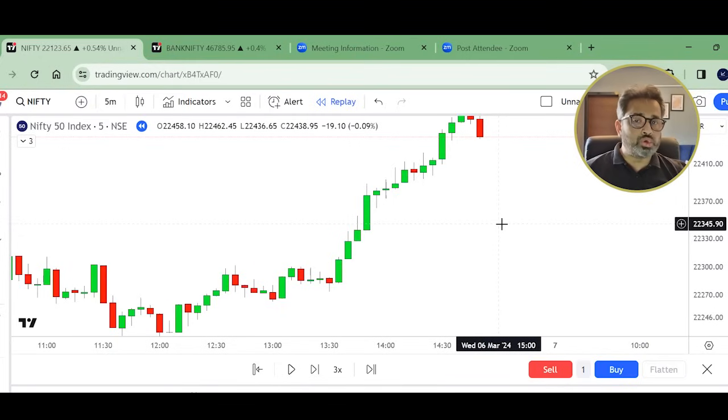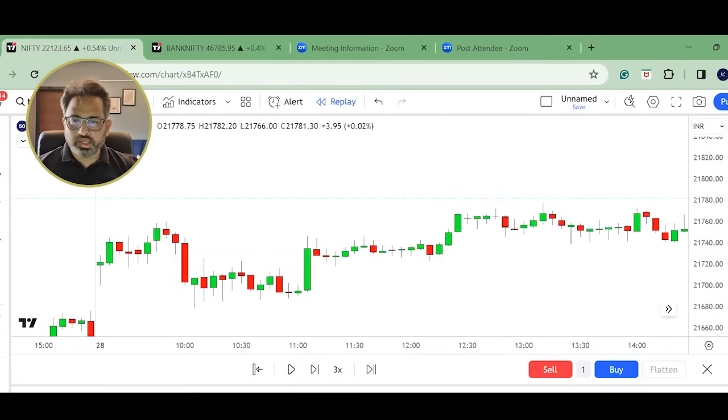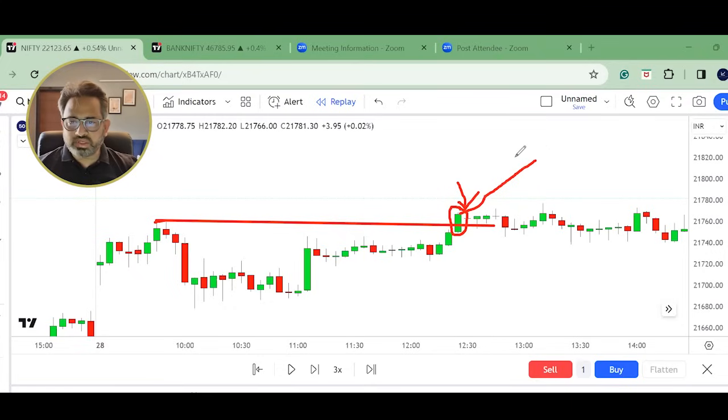But there is a problem also when you are trading fake breakouts. And the problem is, look at this chart. It is making a strong consolidation near the day high. And you can see that here a breakout happened. But after that, the breakout immediately failed and you went short. But you can see that after that, the market did not go down, neither did it go up.